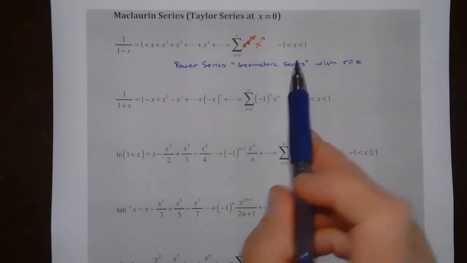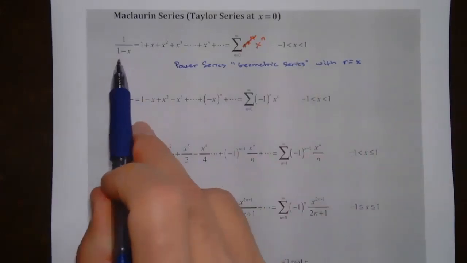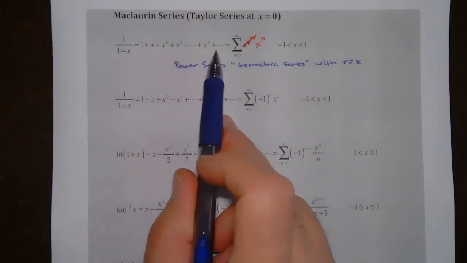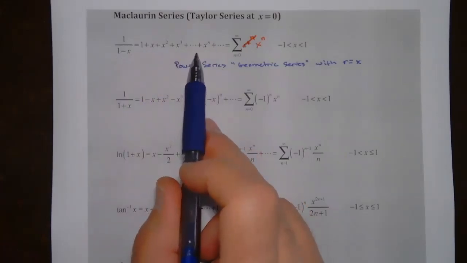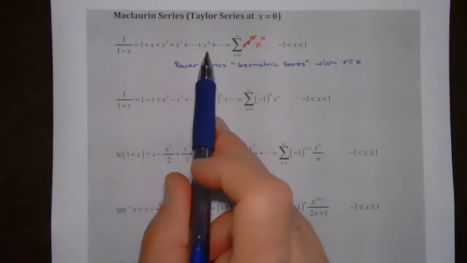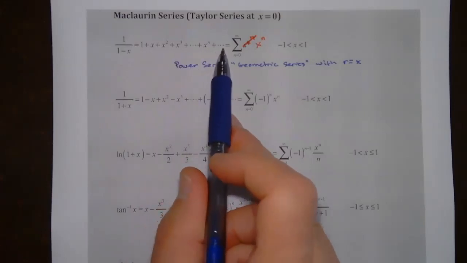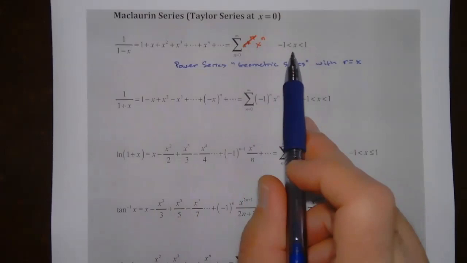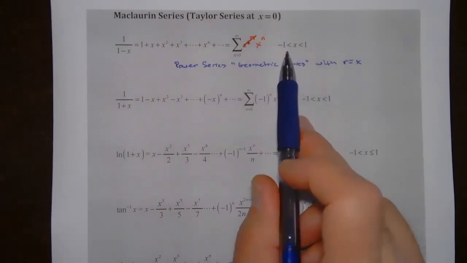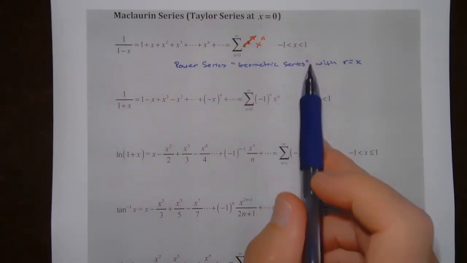And this function 1 over 1 minus x and this series are exactly the same if you go to infinity. That's why you need the dots. But it only works for x's between negative 1 and 1.